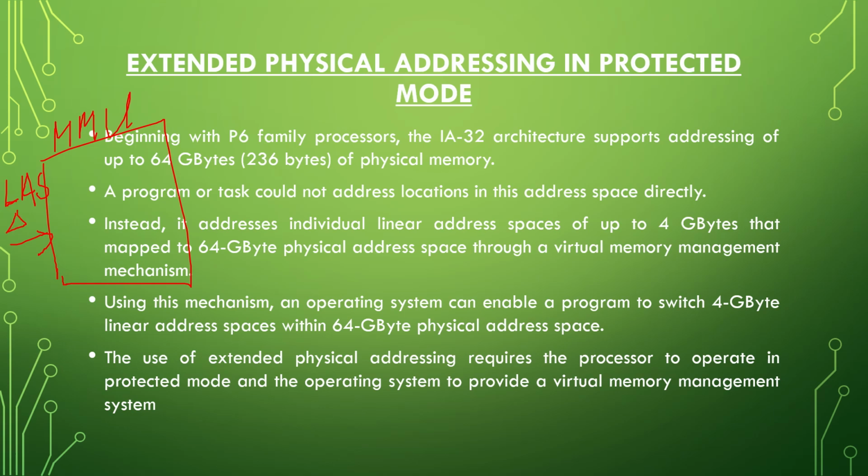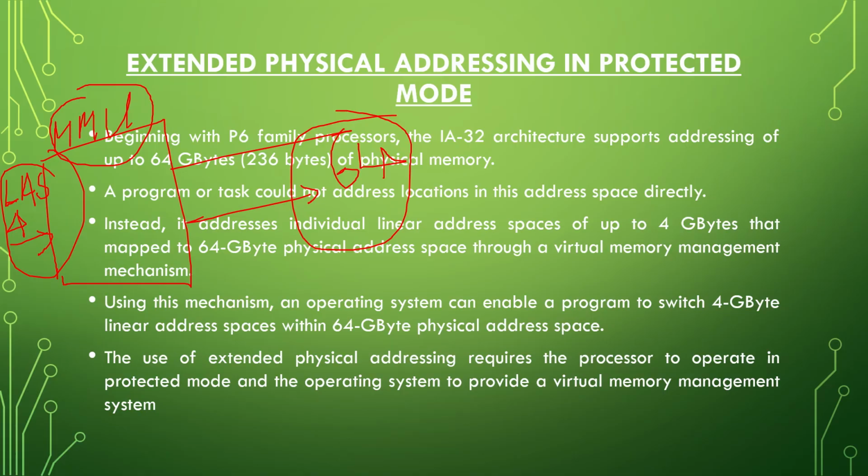It has 4 GB of memory, and this 4 GB is mapped to 64 GB of memory, that is the physical address space. This 4 GB is mapped to the 64 GB physical address space, and that is done using the memory management unit.